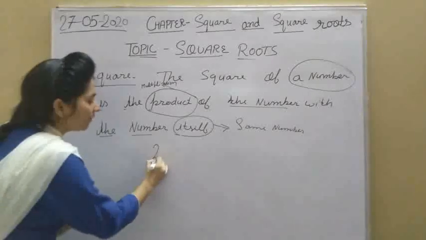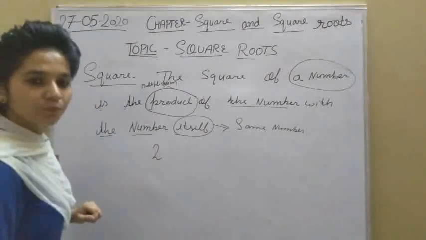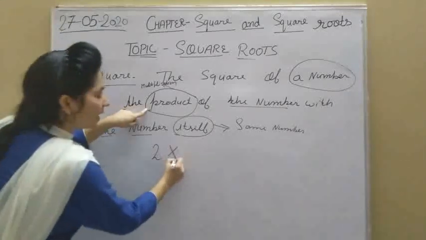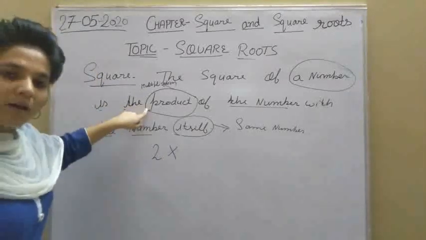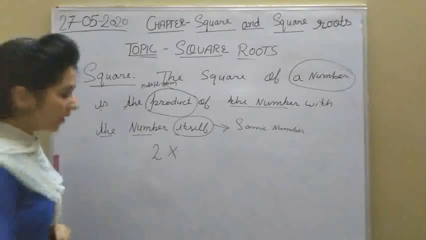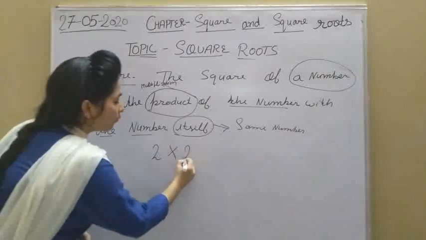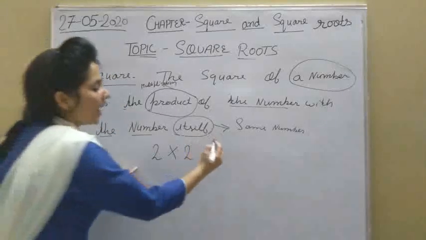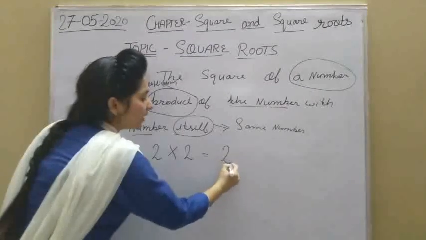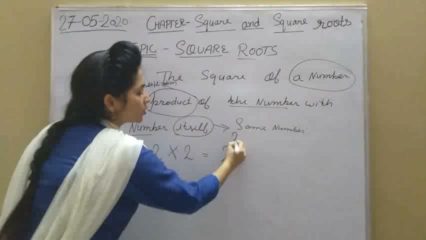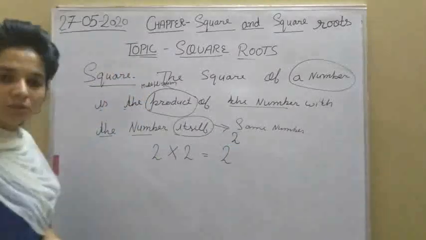Suppose we have a number 2. After that, we will take its product with the number itself. Itself means with the same number. And the result obtained is 2 raised to power 2.